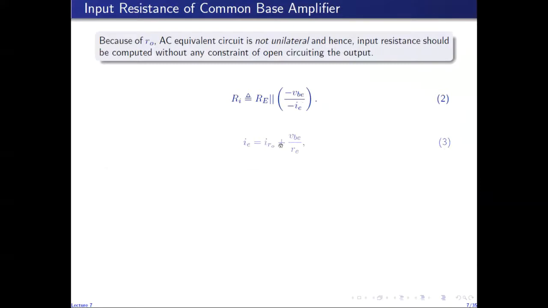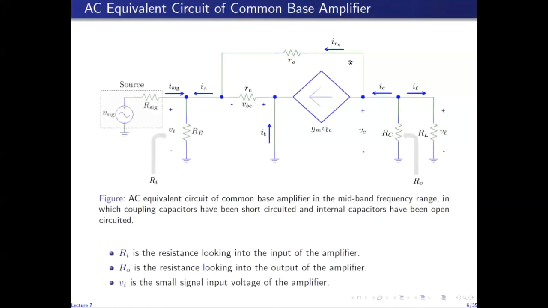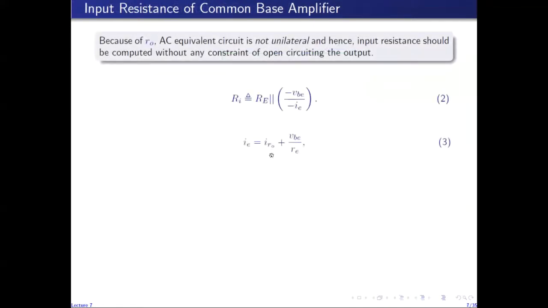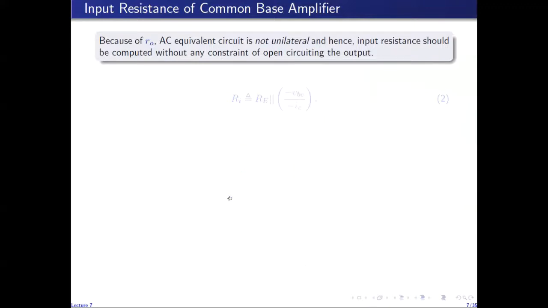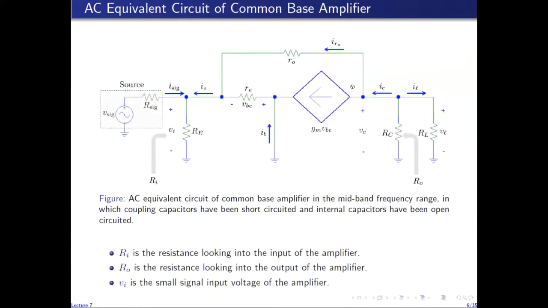And IE is equal to the current flowing through R naught, which is labeled as IR naught, plus the current flowing through this small signal resistance, small re, which is given by VBE over re in this direction, towards the left. So this is what I've written. IE is IR naught plus VBE over re, and IR naught is the current flowing through R naught, which is given by this expression. Because IR naught is the current flowing through R naught, the voltage across R naught is VCE, because this is the collector terminal and this is the emitter terminal.